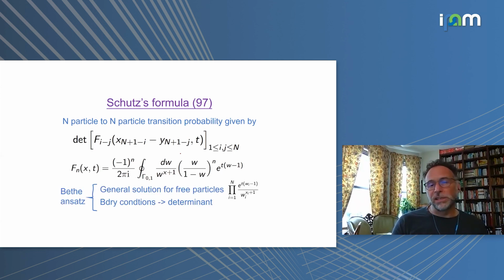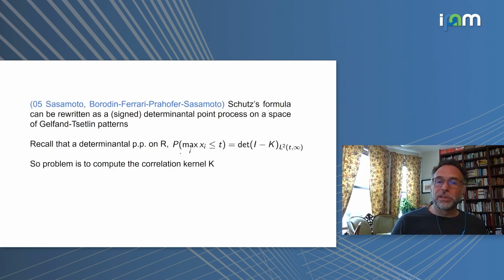These formulas are actually very simple to derive. One just looks for a general solution for free particles and then the boundary conditions for the determinant. So the story is that Sasamoto discovered that Schütz's formula could be rewritten as a determinantal point process.